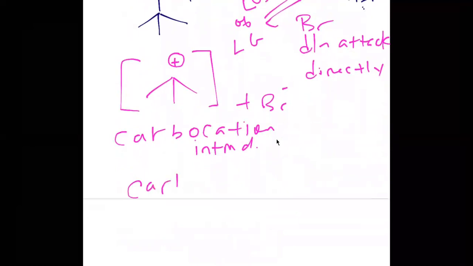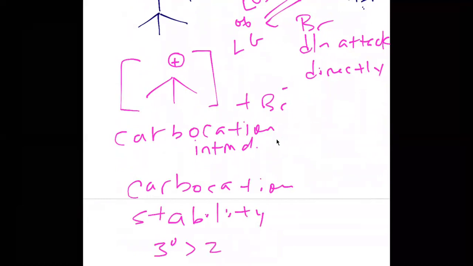No. Right, so you have tertiary, which is the most stable, then secondary, then primary, and then methyl, which is the least stable. So tertiary carbocation is the best carbocation that you can form if you had to make one.